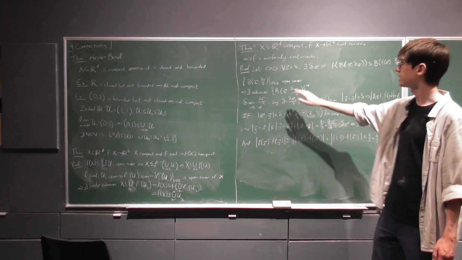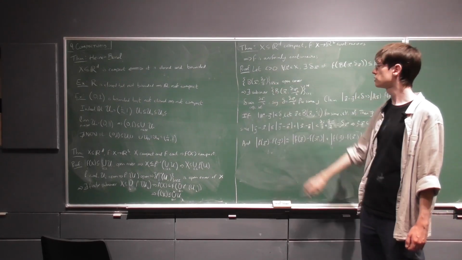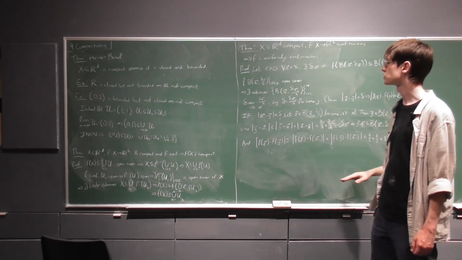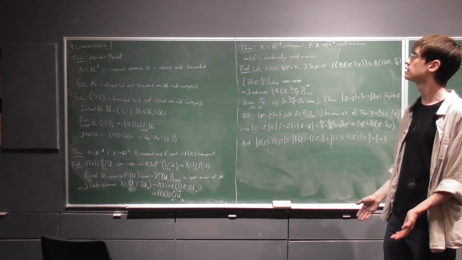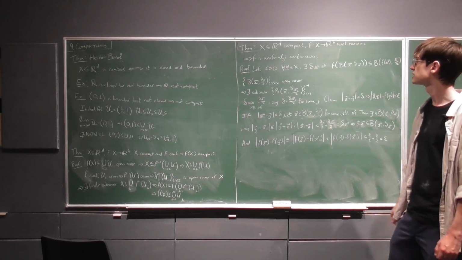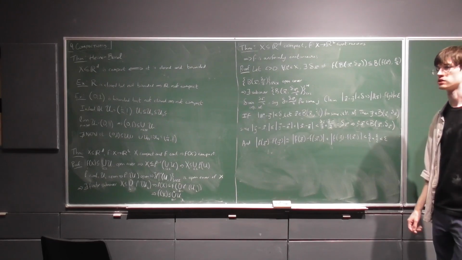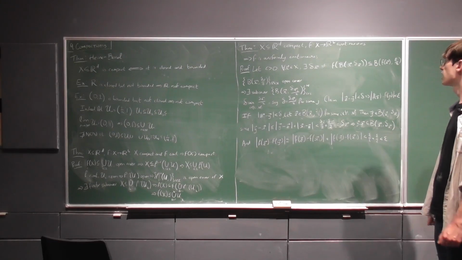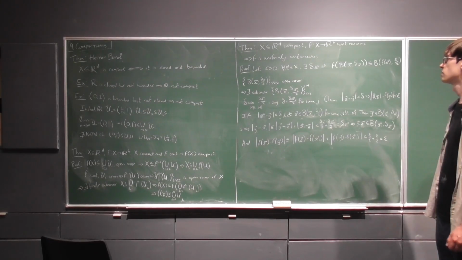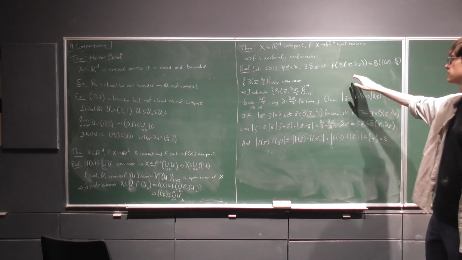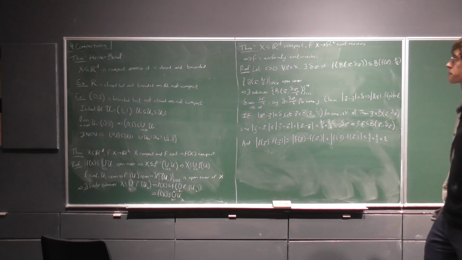Let any epsilon greater than 0 be given. For uniform continuity, we want some completely global delta such that f will map balls of radius delta into balls of radius epsilon, both centered on x and then f of x, respectively.